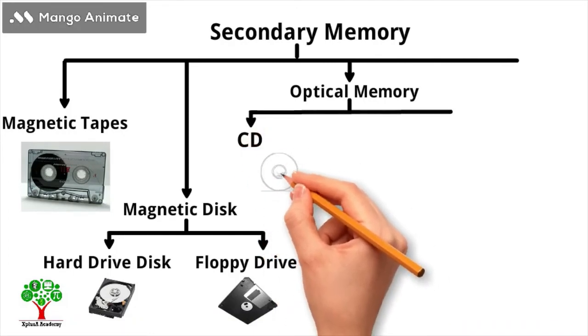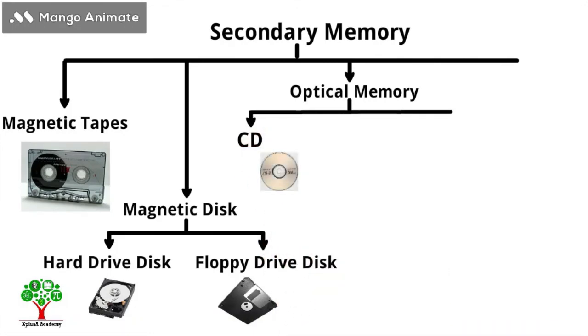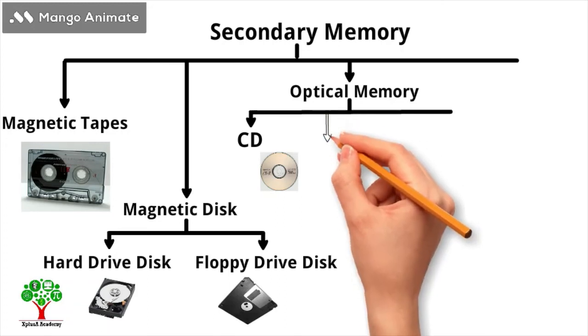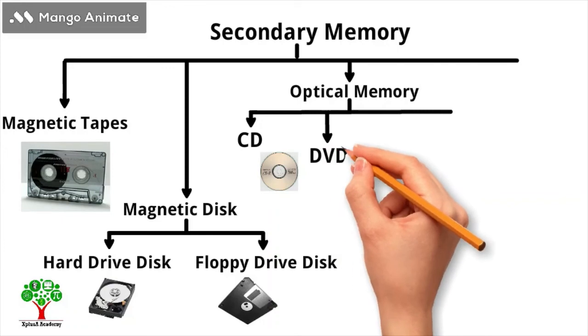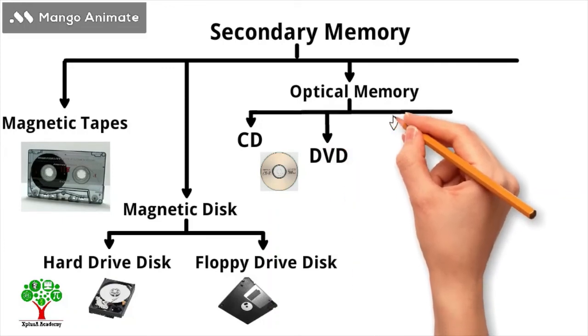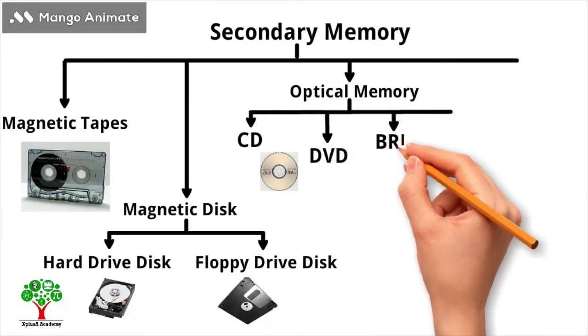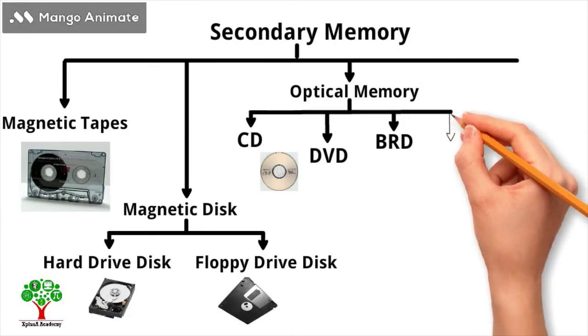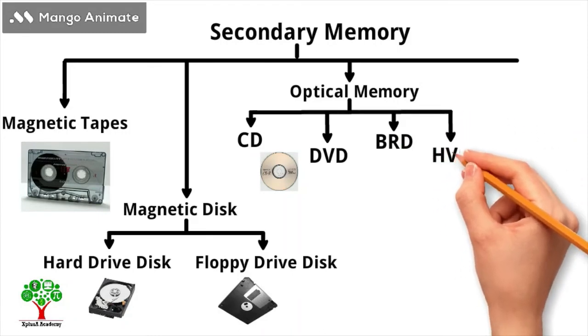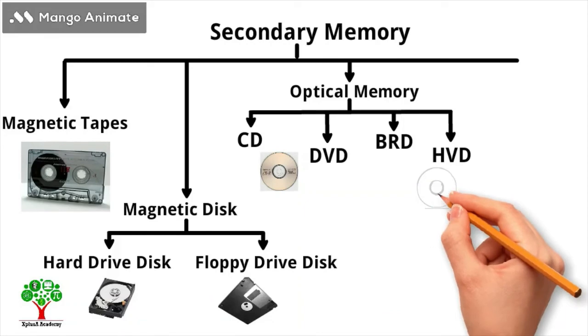So we have the CD, known as the compact disc, and then we have the DVD, the digital versatile disc. Going on, we will look into the Blu-ray disc and the holographic versatile disc. We used to store quality movies and large capacity files in a Blu-ray or HVD.